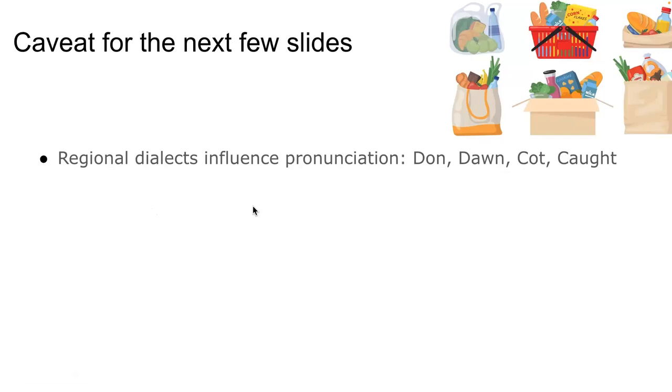Obviously, there's different types of English, right? There's British English, there's Australian English, Indian English. And so there's going to be a lot of variation.